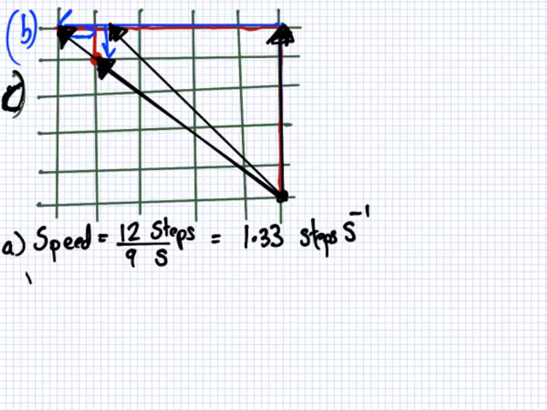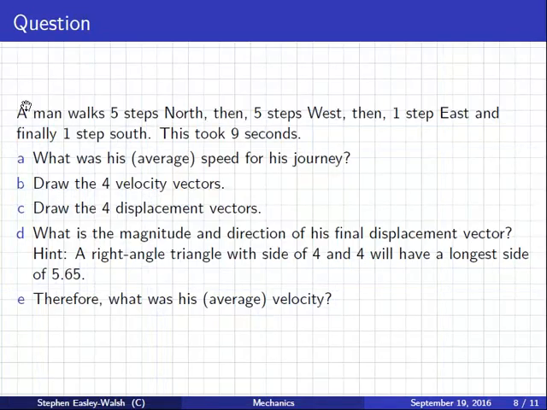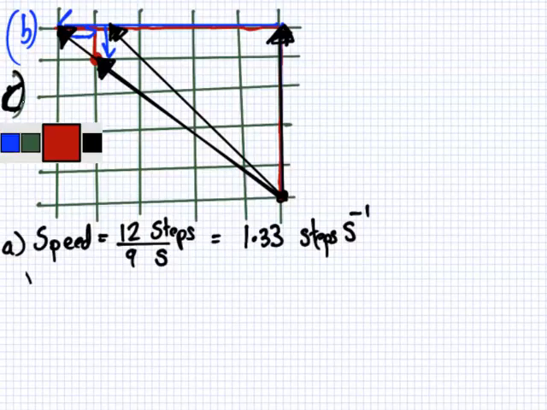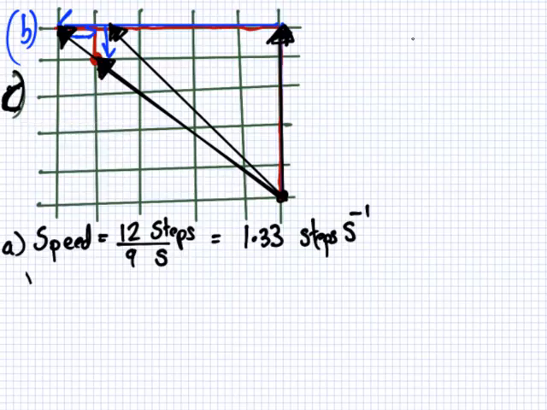Now part D. What is the magnitude and direction of his final displacement vector? Well, the good news is we drew that. Here is the final displacement vector. How big is it horizontally? It's 4 this way and 4 this way.